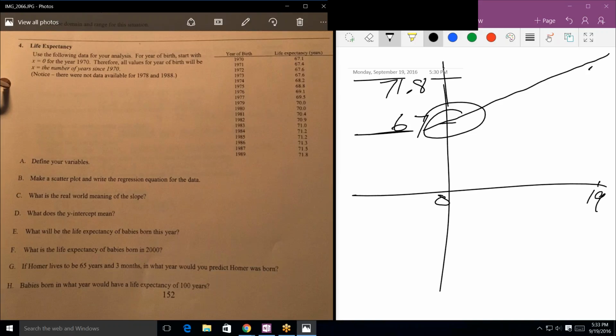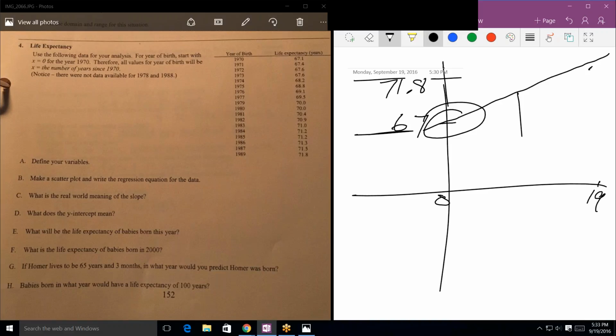From whatever equation you get of that line, you could figure out the life expectancy at 46 years. I think you can figure out the rest of the questions. Some ask you to solve for x, some ask you to solve for y.